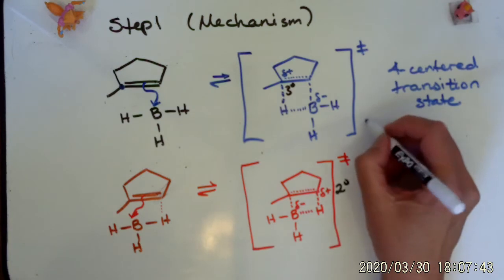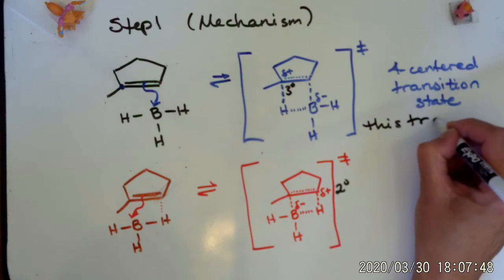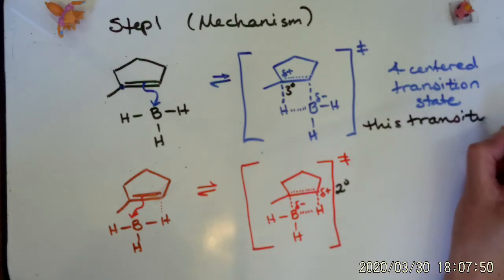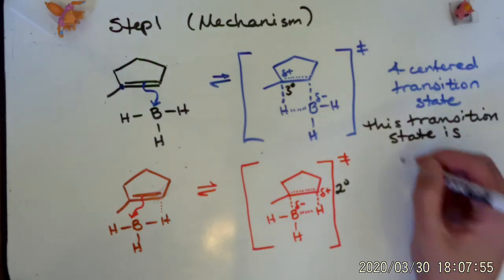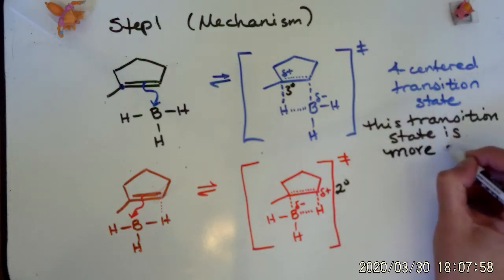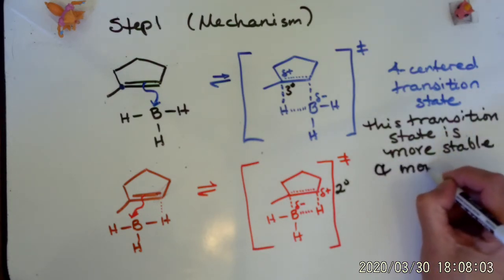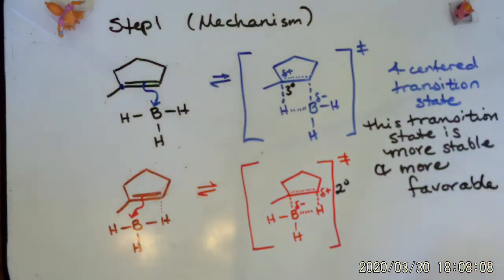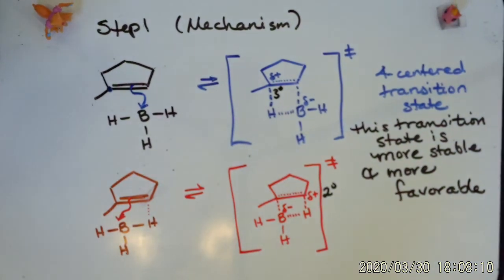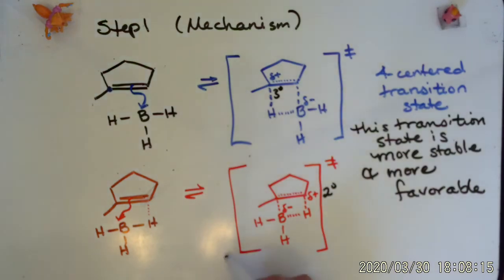Therefore, this transition state is more stable and more favorable. Okay? It's the more substituted carbon that has the positive charge. And that's why this doesn't occur.